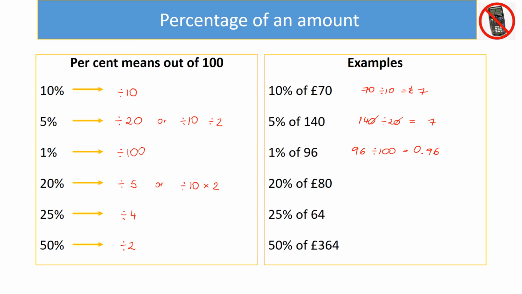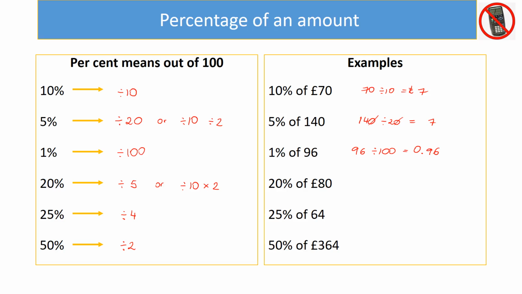Okay, now to find 20% of 80, you need to divide 80 by 5, and this is what I said earlier. Sometimes it might be easier to do it in 2 steps than in 1 step. Okay, if your numeracy skills are a little bit better, you may find it very easy to calculate this. Note that you need to be able to do those calculations without a calculator, so sometimes it might be easier to do it in 2 steps. So I'm just going to show you how to do it in 2 steps.